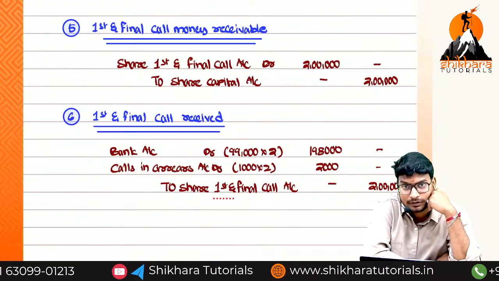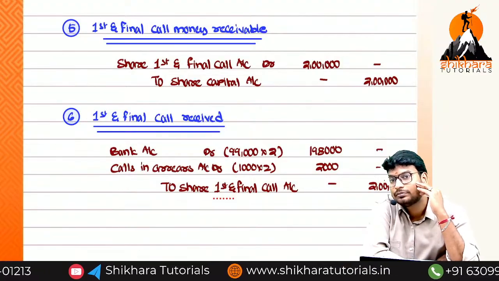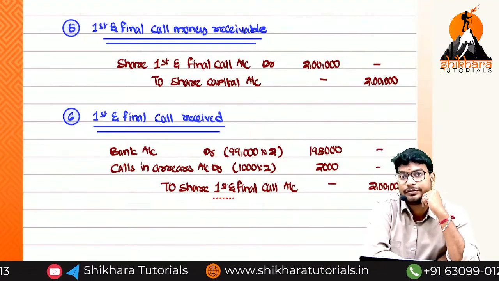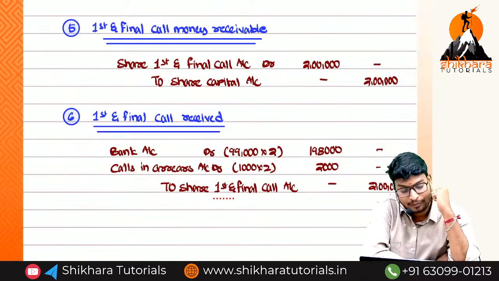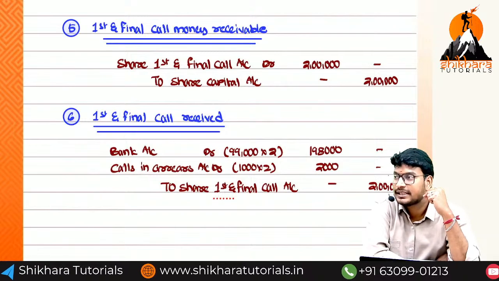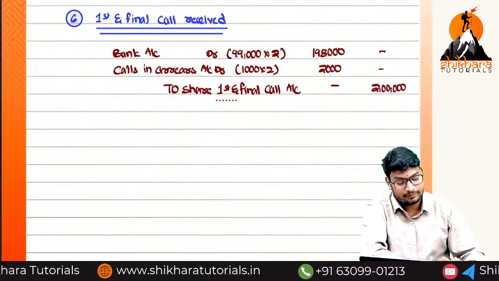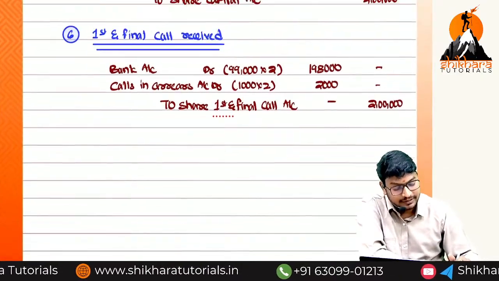Till now we know. What we need to do now? We are going to forfeit. How many shares? 1000 shares, because he was unable to pay the final call money. So the completed amount till now.